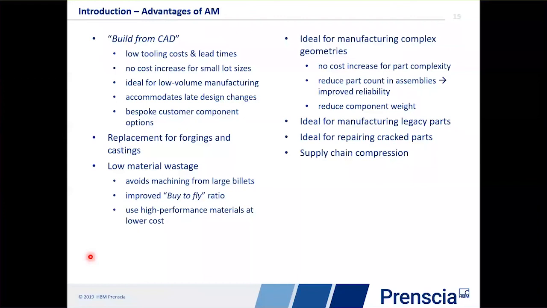And obviously, we can use weight saving on those too. It's also ideal for manufacturing legacy parts, so replacement parts, especially in aging aircraft and things like that. And for many years, additive manufacturing techniques have been used for repairing cracked parts, where we can machine out cracks and effectively fill the rest in with additively manufactured parts.